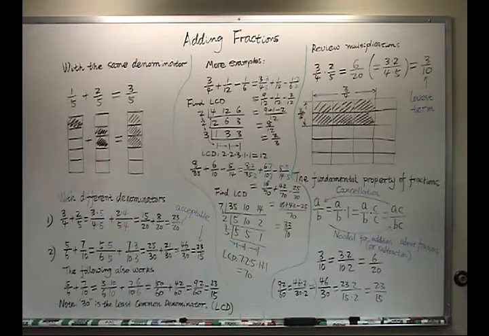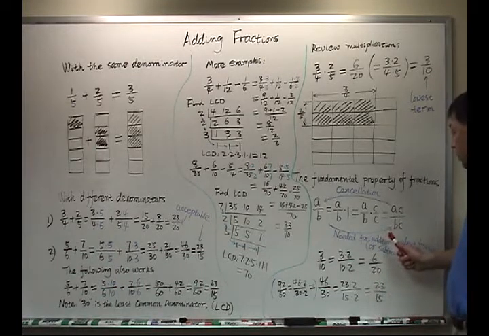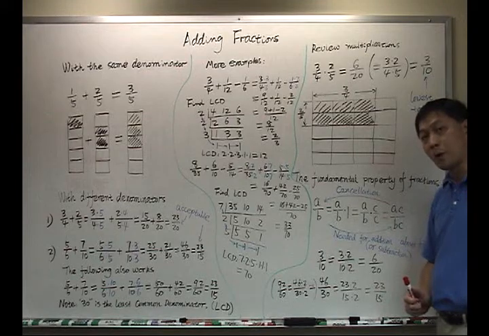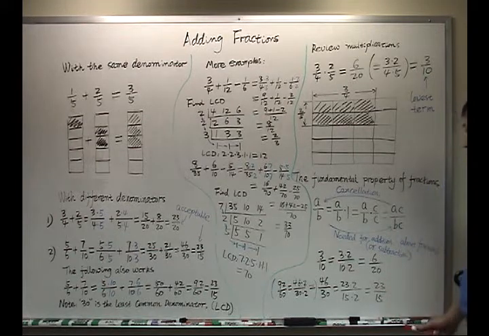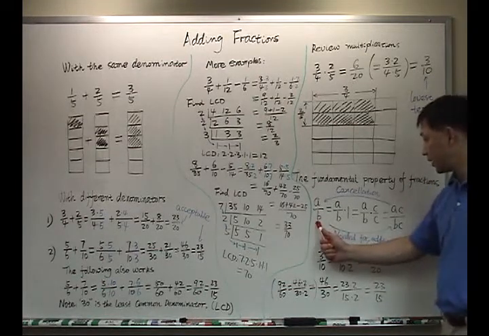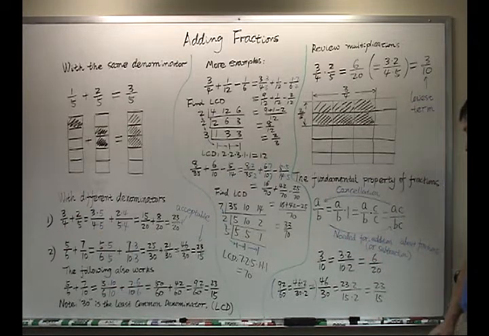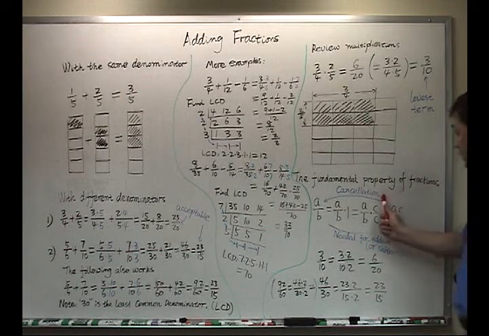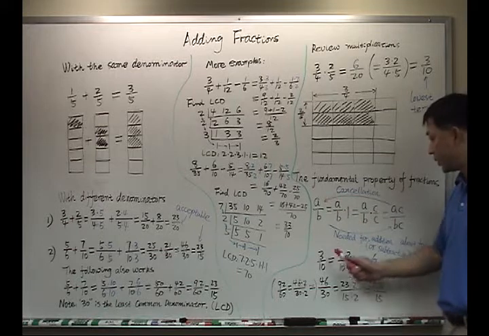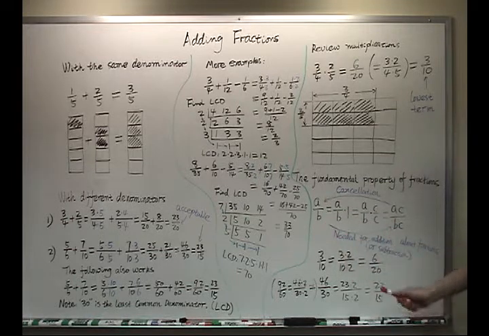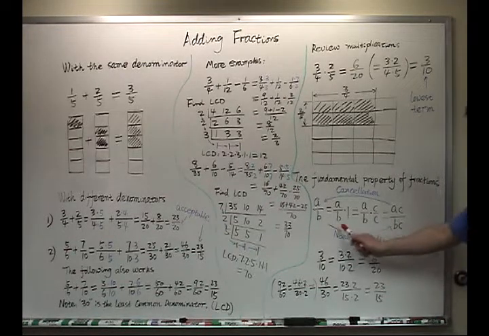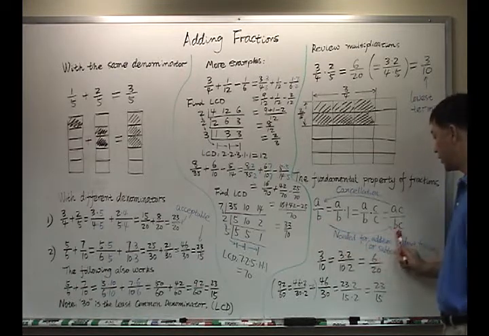Now, for the addition or subtraction of fractions, you need to go from this direction to this direction. So one we call cancellation, and the other I wrote is needed for addition or subtraction of fractions. Let's see why this one is needed.